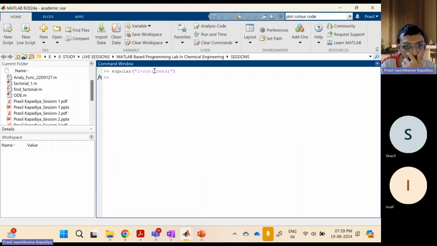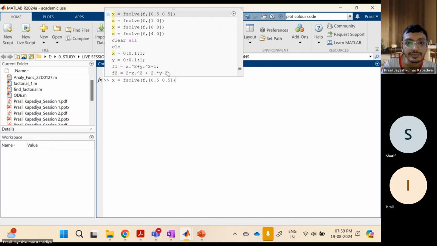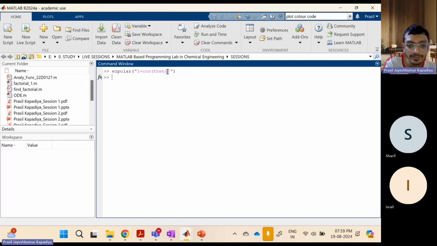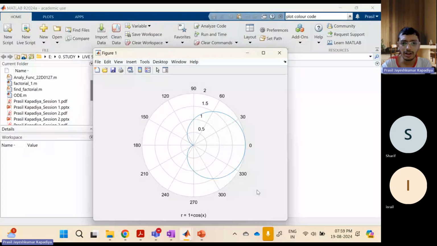So what we did, we are using some theta thing. So this theta, we are not saying it. Okay, let me write it down as x. So it is taking x as some kind of symbol and it is running it.